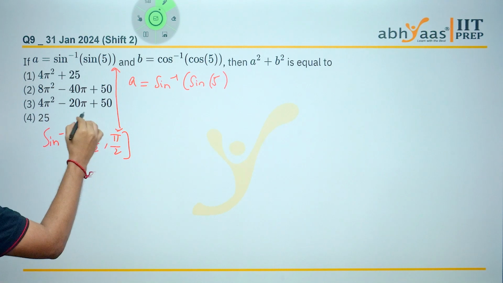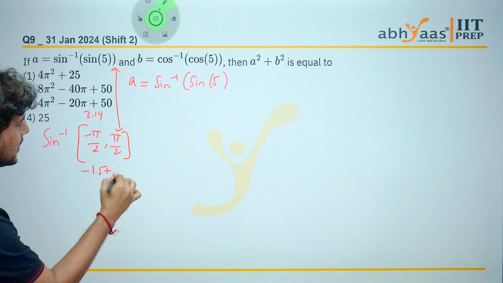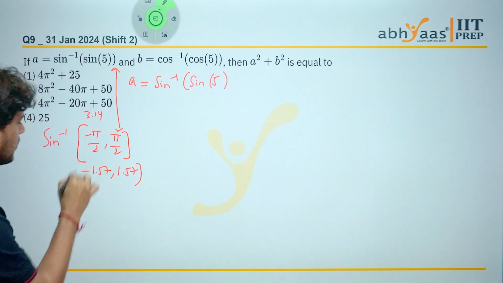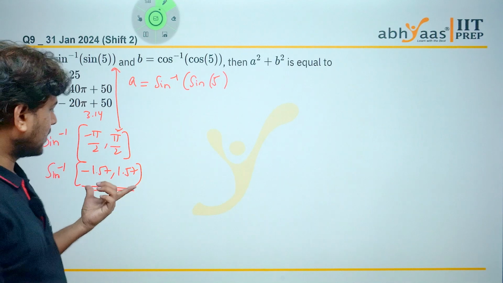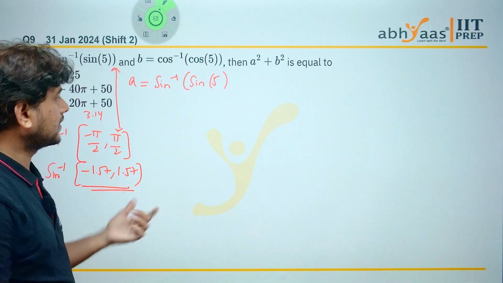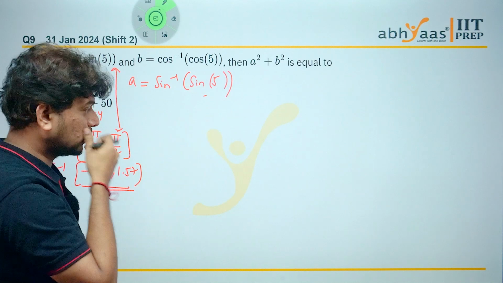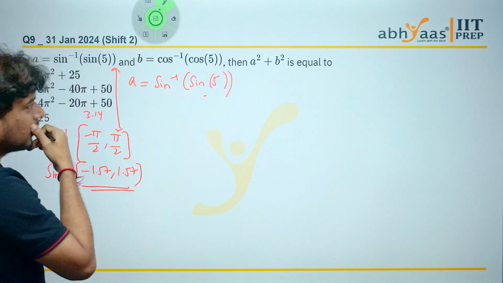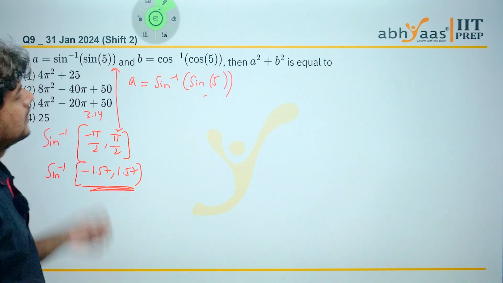Pi is 3.14, so we'll get minus 1.57 comma 1.57. So sine inverse value should exist in between minus 1.57 and 1.57, but we are exceeding it with 5. So we have to change the value so that it falls under these values.